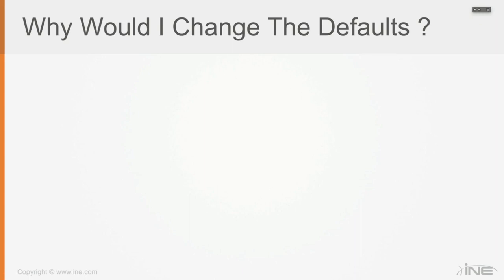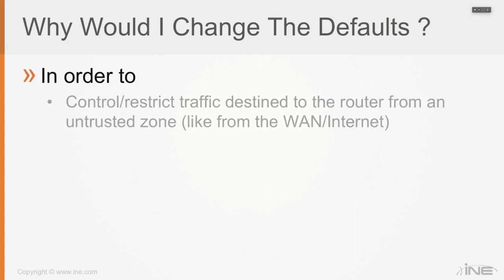Now, why would I change these defaults? Why would I want to configure some policies which affect the self zone? In order to restrict or control traffic destined to the router. I gave one example in here, but it could be a lot of them. One example could be to control or restrict traffic destined to the router from an untrusted zone, like from the WAN or the internet.